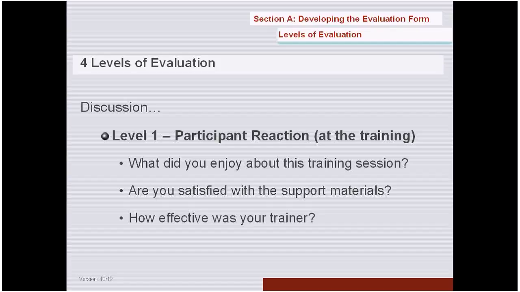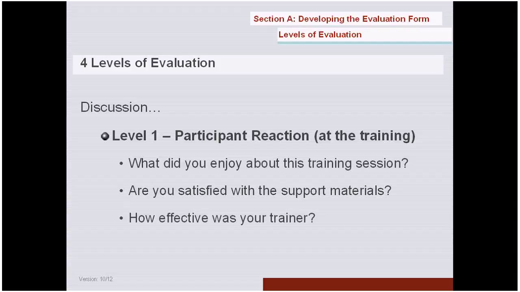For this level, you could use rating questions, you could use ranking questions, scales of 1 to 5, how effective, least effective, real effective, yes-no questions like, were you satisfied? And then open-ended questions, things like, what did you like about this session?